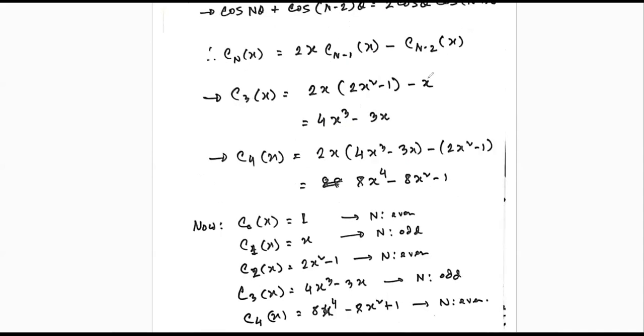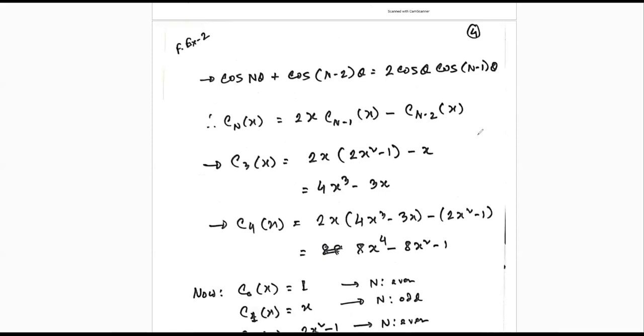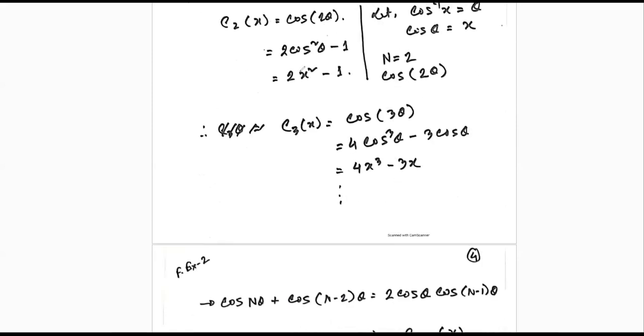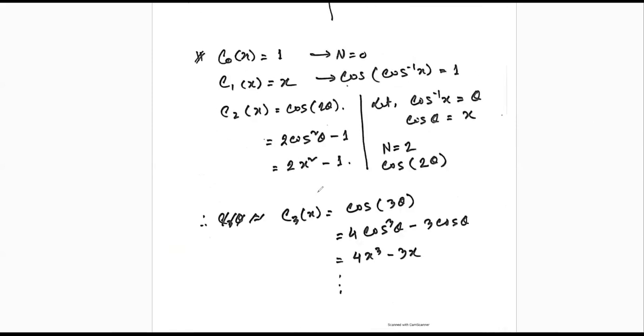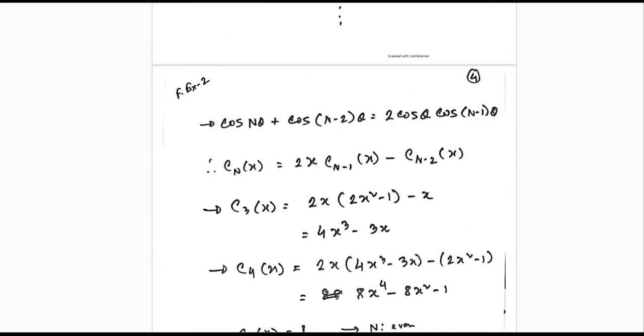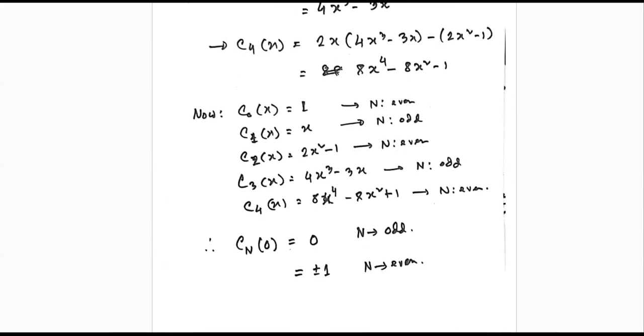By using this general equation, we can also find C4x in this way. It is not necessary that you memorize the general equation. You can do it like this, okay? Whatever we have done here, you can do it like this. But in the exam, I will not be asking this kind of thing. So this is just for understanding, okay?